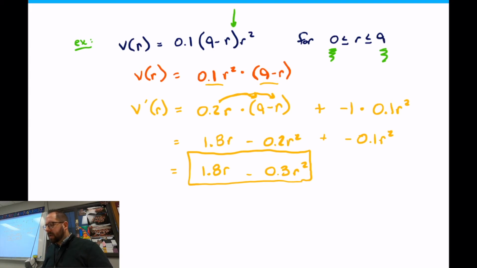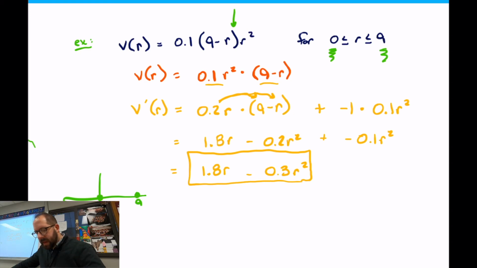If I plug in 9 into that, the whole function turns out to be 0, because it'd be 0 times 0.1 times 9 squared, which turns out to be 0. So if I plugged in 9, it would hit 0 on the y-axis. If I plugged in 0, it would be 0 again.